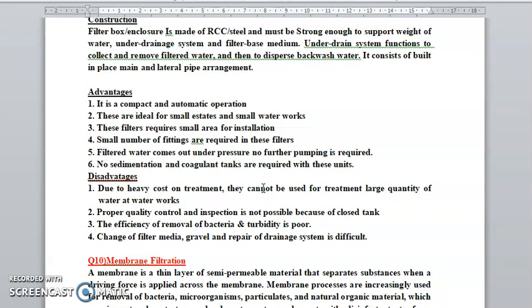A small number of fittings are required. Filtered water comes out under pressure, so no further pumping is required. No sedimentation and coagulation tanks are required with this unit.